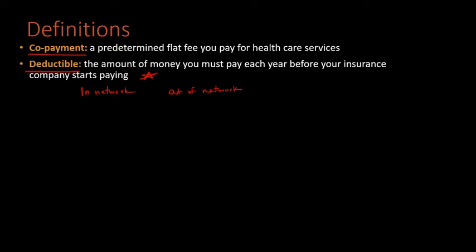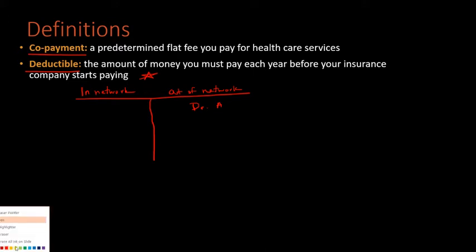Let's say that the nearest doctor near me is Dr. A, okay? So I'm not feeling well, I look on Google and I find a doctor's office. And I see that Dr. A is nearby. But I call them and I ask them if they have a contract with my health insurance provider, and they say no, that it would be out of network.